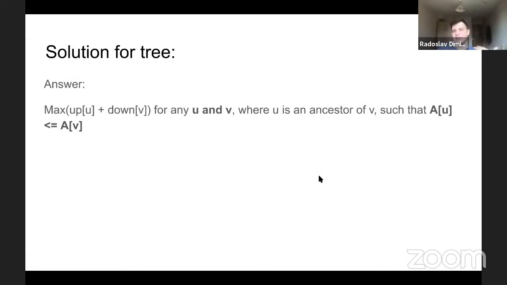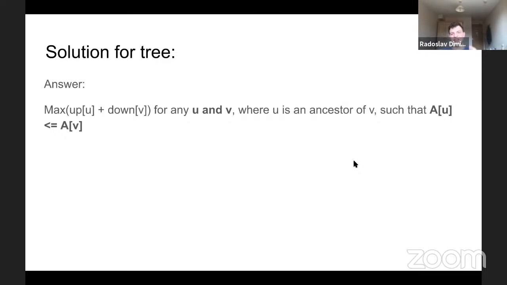Okay, actually I completely forgot one part. So now what the answer would be, as we are looking at all paths, the answer can be represented as follows. We want to pick two vertices such that the first one is an ancestor of the second one. In other words, both of them stay on the path where, if we just go to the parent and so on, we will reach the second one.